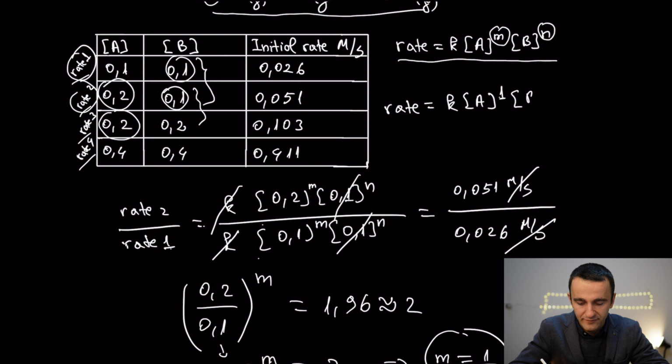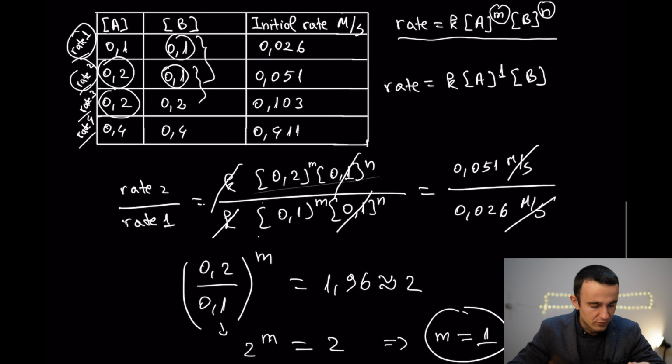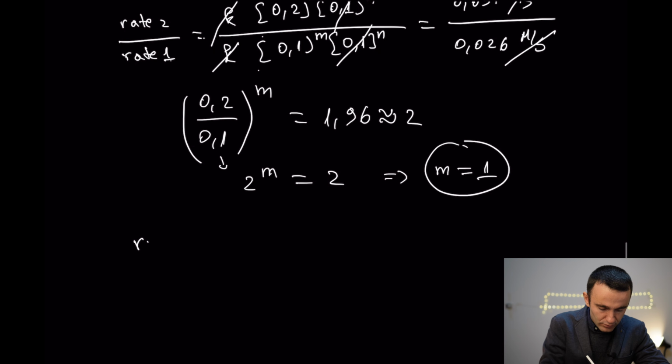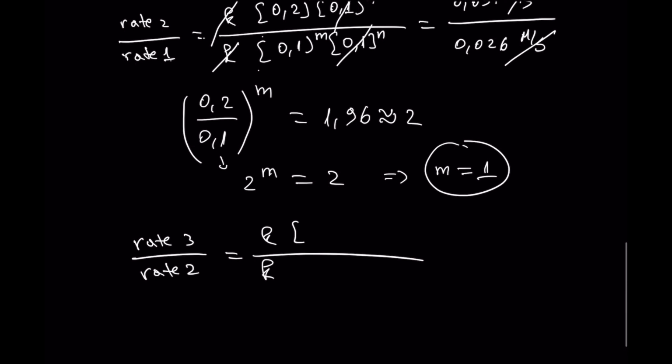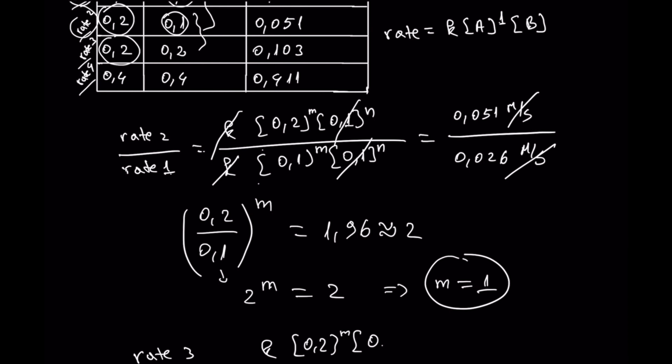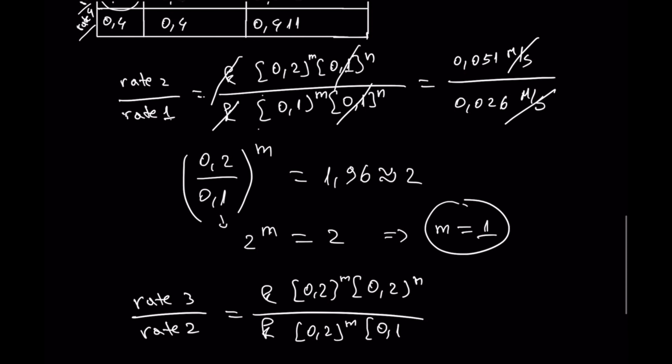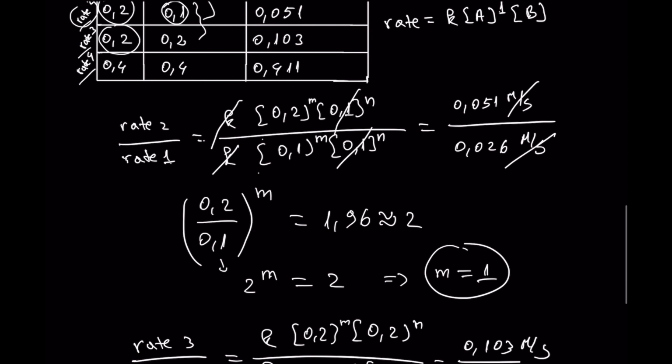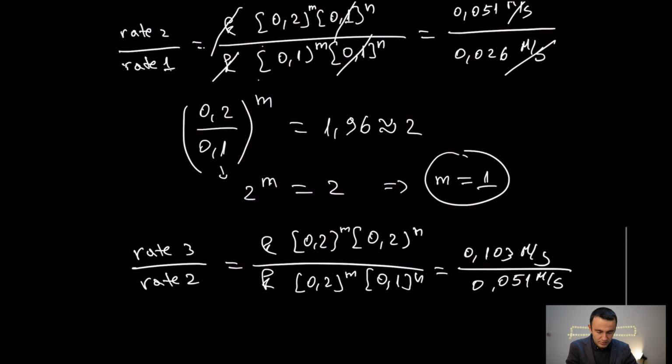Now we are going to find for B. For B, we are going to take the ratio of rate 3 with rate 2. So again here, this simplifies, in this case, simplifies for the A. So we need the B, we need the n.